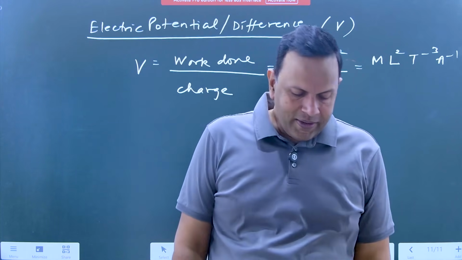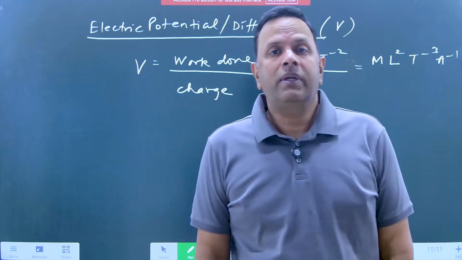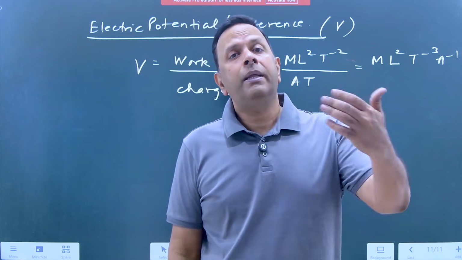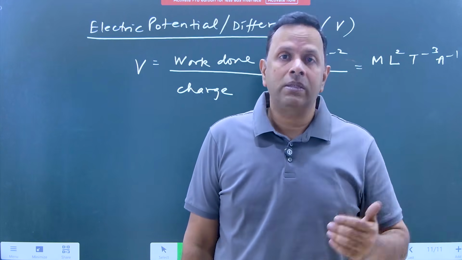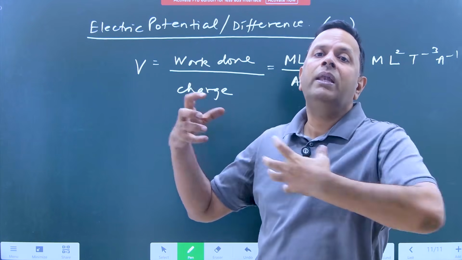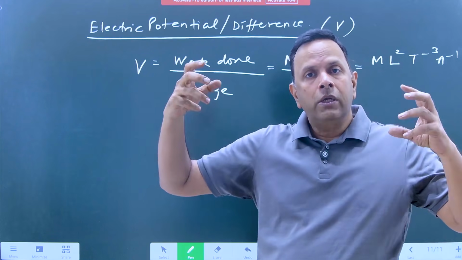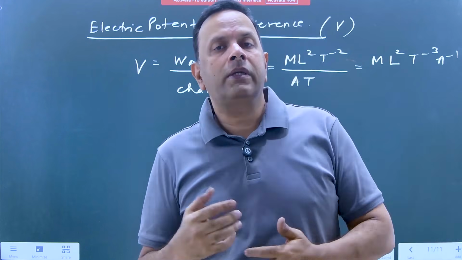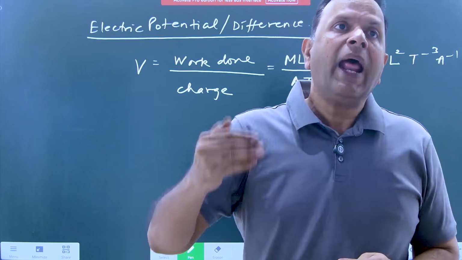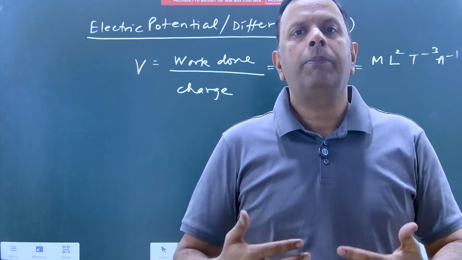So, when we write the dimensions, we get to understand how a derived physical quantity is dependent on the fundamental ones. And by having these numerical values precisely, ML2T minus 3, these numerical values will also help us a lot in many types of numericals. That application part we will be able to understand once we start our proper topics.